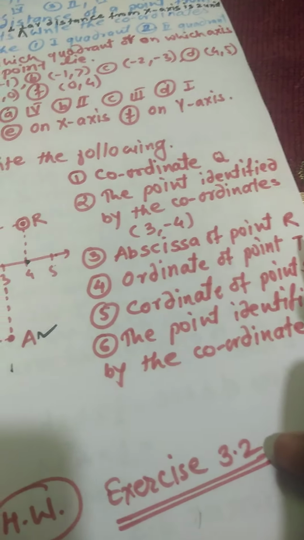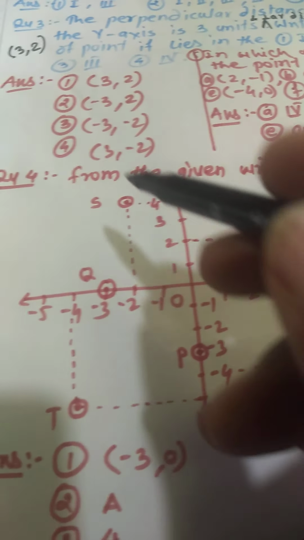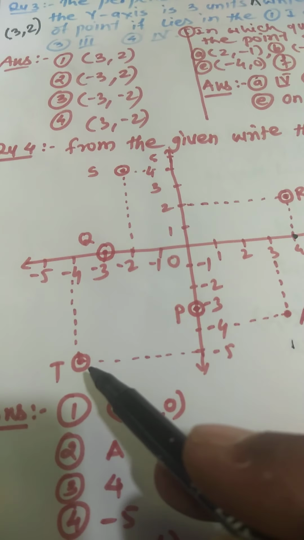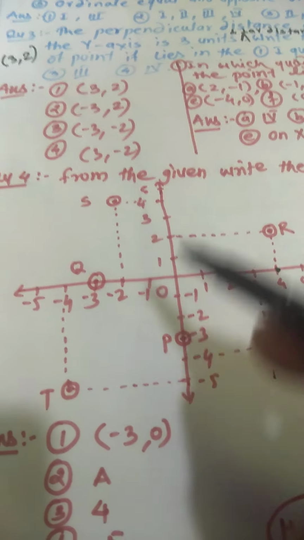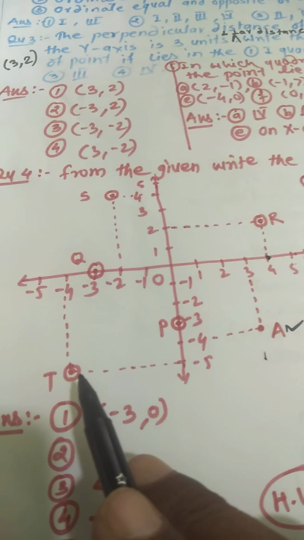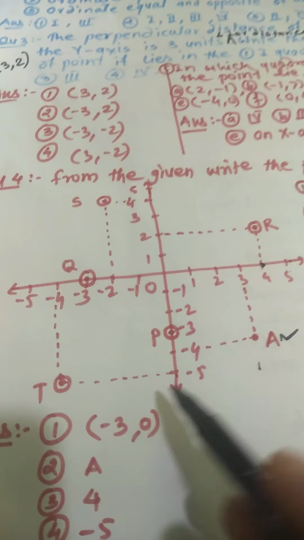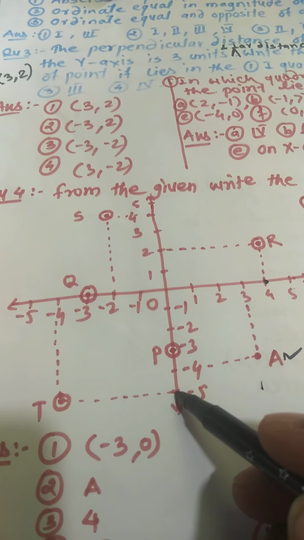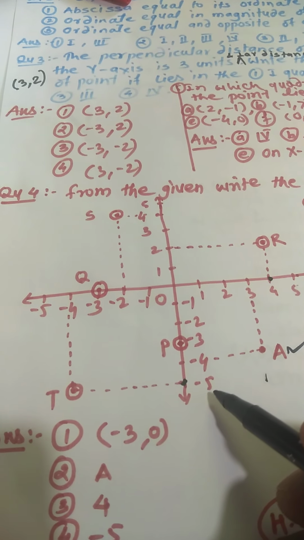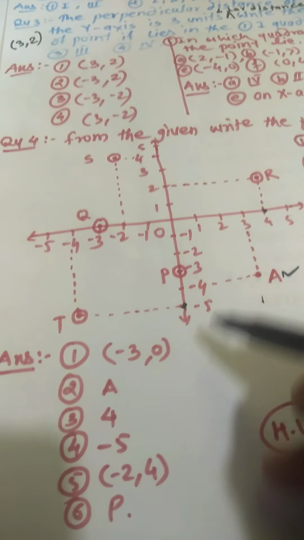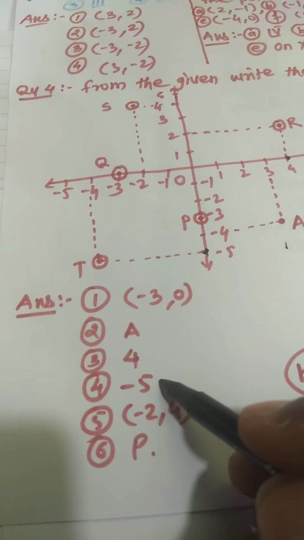Then ordinate of point T. Where is T? Check it here. Ordinate means y coordinate, means on the y-axis. From T, draw a perpendicular to the y-axis. Which number is representing? That is the ordinate of T. What is it? -5. See here.